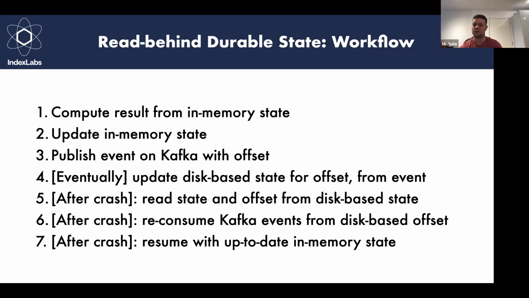So it will go to the database and say, okay, at offset 123, the balance was 100. So now at offset 124, the new balance will be 100 minus 20 from this transaction event. So you will store this state itself against the offset coming from the Kafka topic.